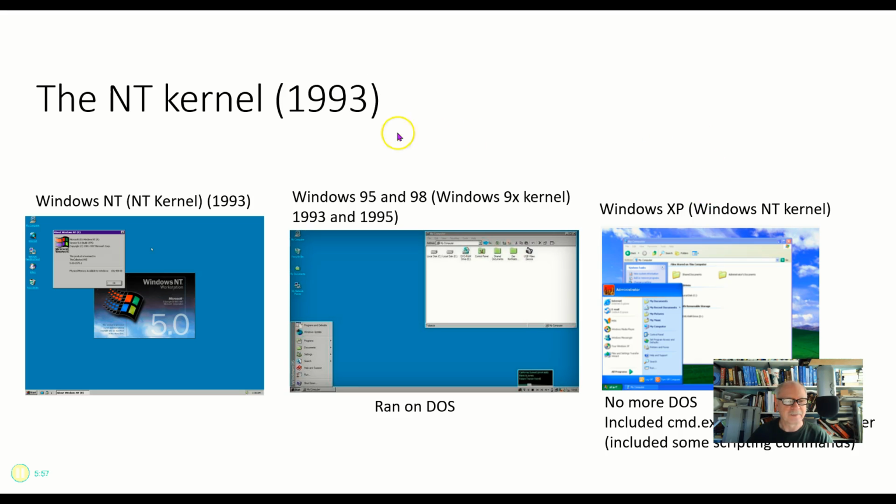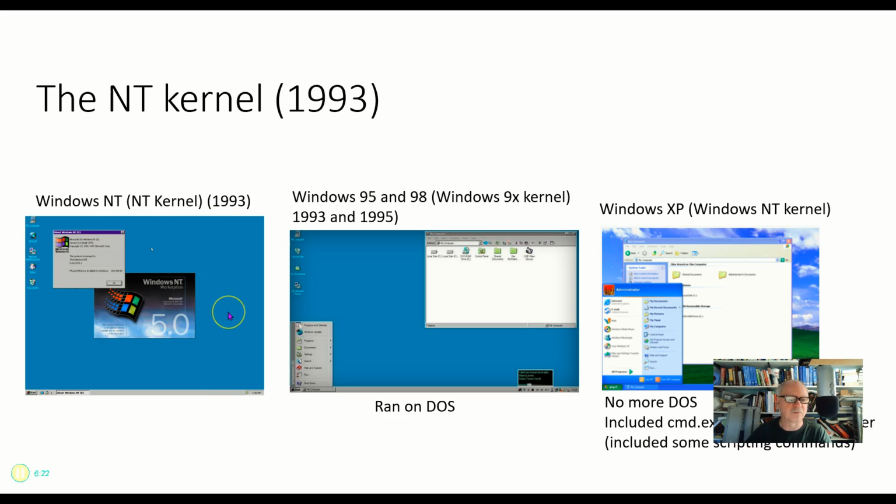Now, I mentioned that kernel. Up through Windows 95 and Windows 98, we had a kernel called the Windows 9X kernel, 9 something, and that X is just a placeholder because we had various versions of it. However, Windows NT, which I did not picture in the last slide, was actually a business computer.